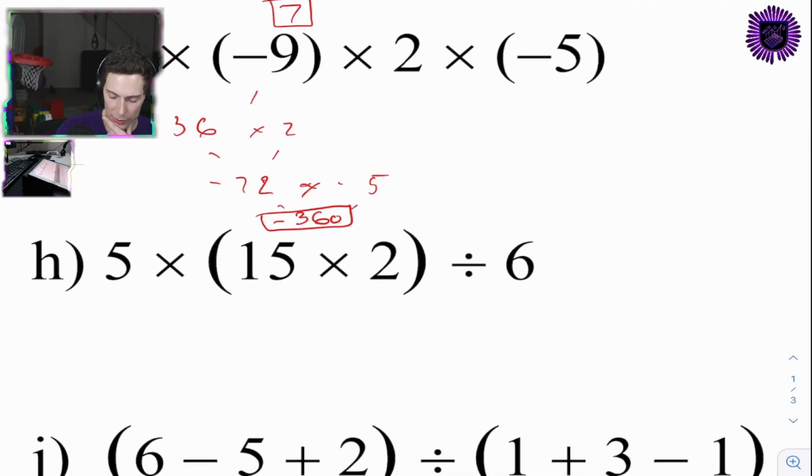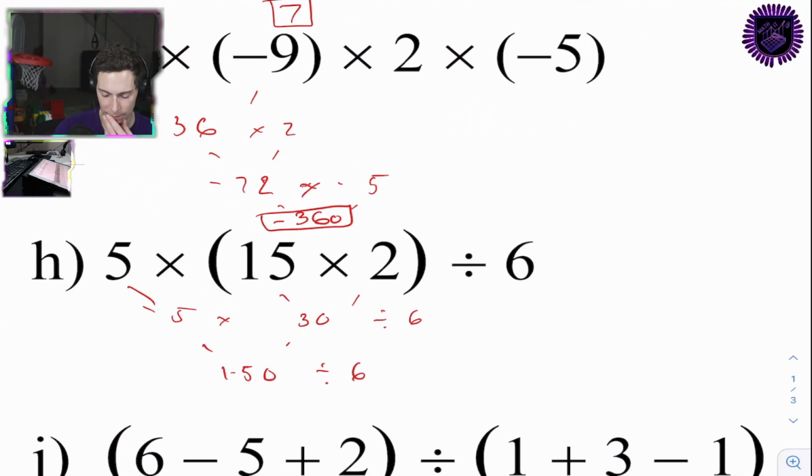Okay, so let's do this in parentheses first. This is going to be 30. And we're going to have 5 from there times 30 divided by 6. And then that's going to be 5 times 30 is 150. 150 divided by 6.